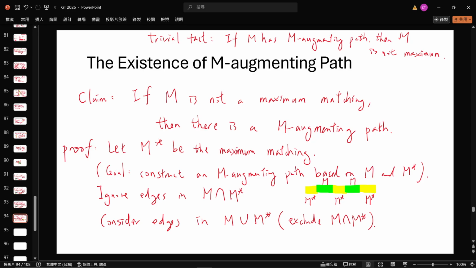So so far, we just consider M and M star, and as we said, if there are shared edges, we don't use them and just delete them. Okay. So actually, there's a name for this kind of operation. It is called exclusive OR, or XOR.